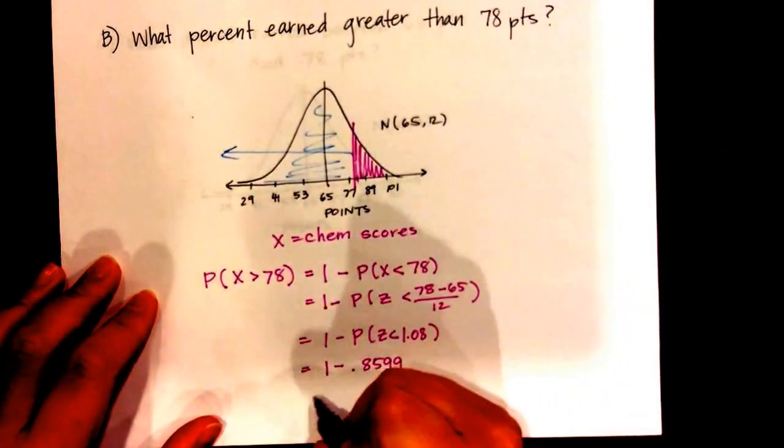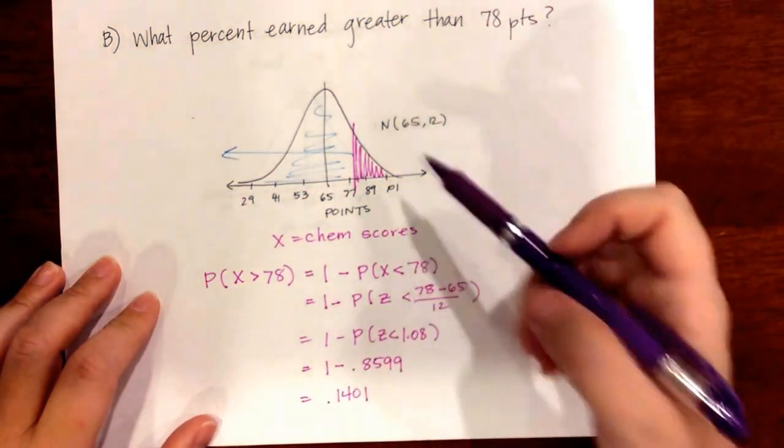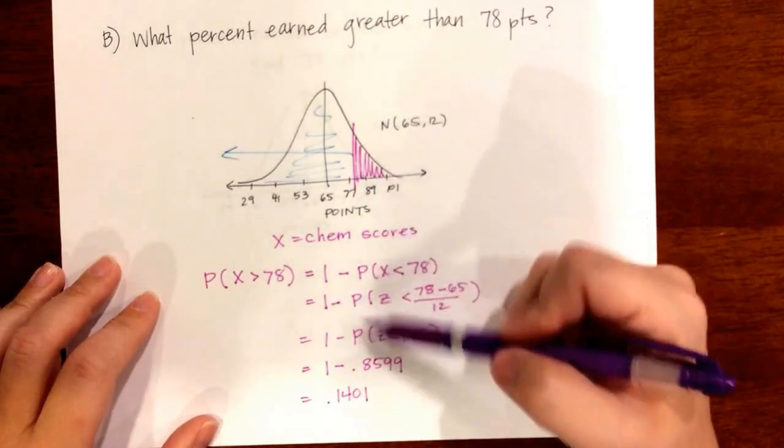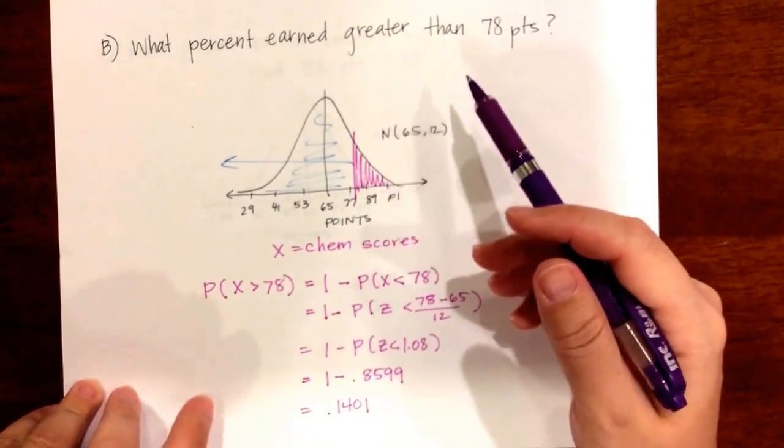So I subtract those two, and the area that's purple is 14%. So see how these match? So that's why it's important you shade. Kind of helps you check your work.